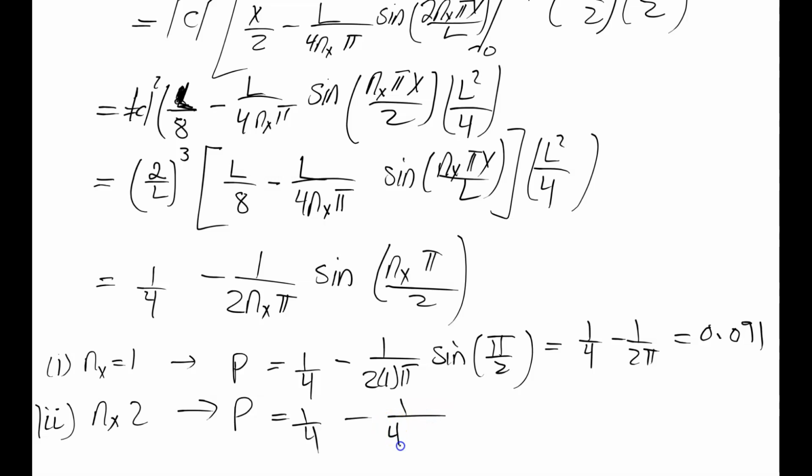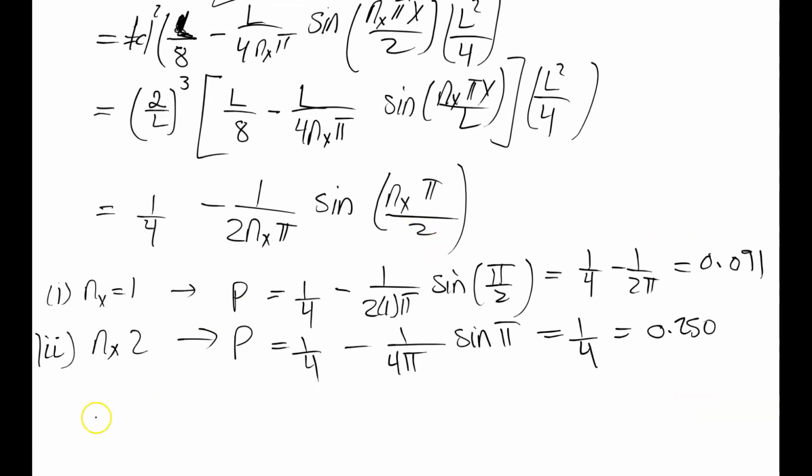For case number 2, we're given that n_x equals 2, which means P equals 1/4 minus 1 over 4 pi sine of pi, which is just 1/4, or 0.250.